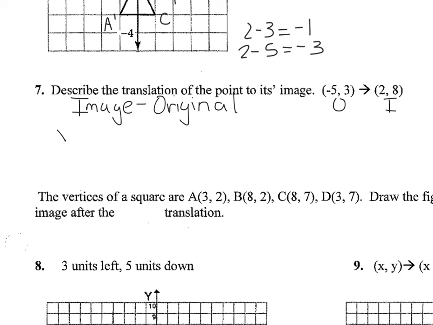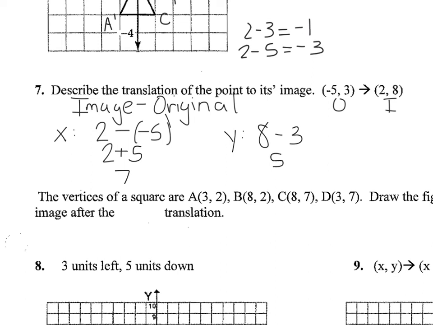So if I want to find the translation that describes the x values, the value in x for the ordered pair of the image is 2, and I'm going to subtract -5, because 2 plus 5 is 7. For the y value, 8 is the y value of the image, and 3 is the y value of the original figure. So 8 minus 3 is 5.